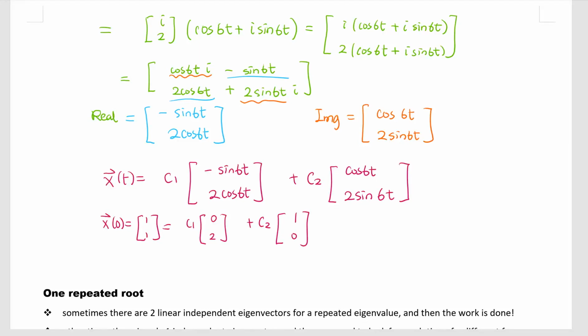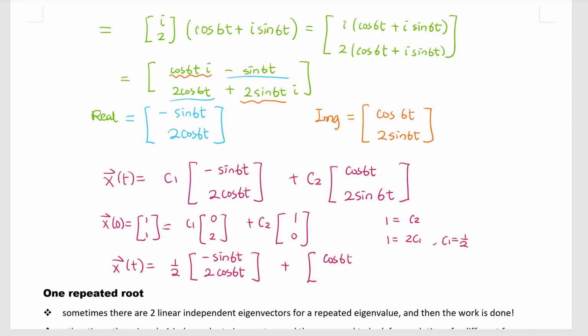So 1 is C2 and 1 is 2C1. So C1 is half. So finally, our solution is C1 is half, negative sine 6t, 2 cosine 6t. C2 is 1. So we have cosine 6t, 2 sine 6t. So this is our final answer for this problem.